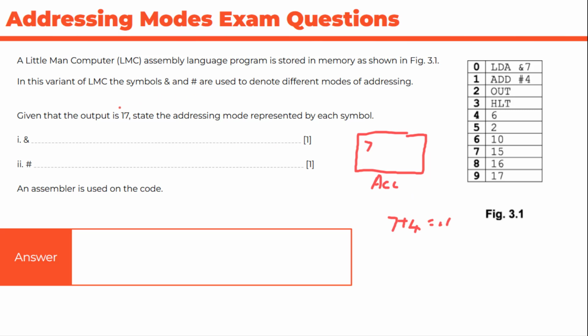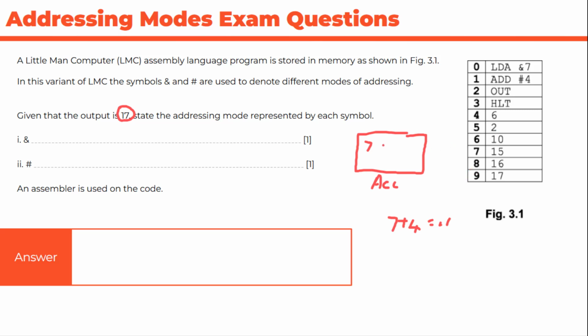Now, it says the output is 17, so that's not going to work. So it's definitely not immediate and immediate addressing. Let's try immediate again with the second number. What about if it's at the address 4? That's 6. So 7 plus 6 is 13. Again, that doesn't work. So it's not immediate and it's not direct addressing.